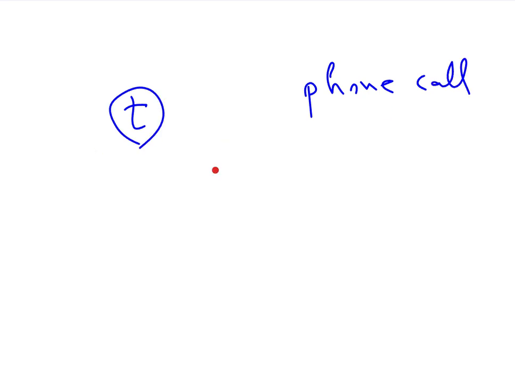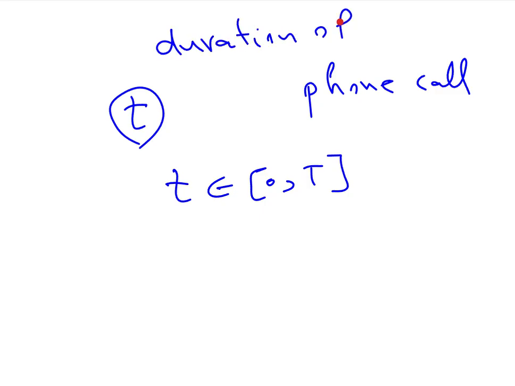Or assume the value t specifies the duration of a phone call. Suppose that t may be in the interval of 0 to T, the duration of a phone call.